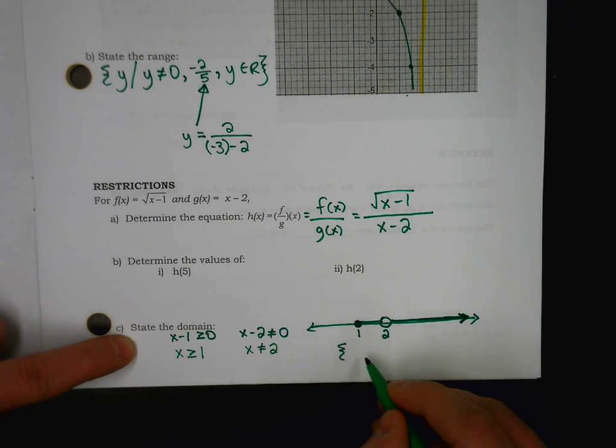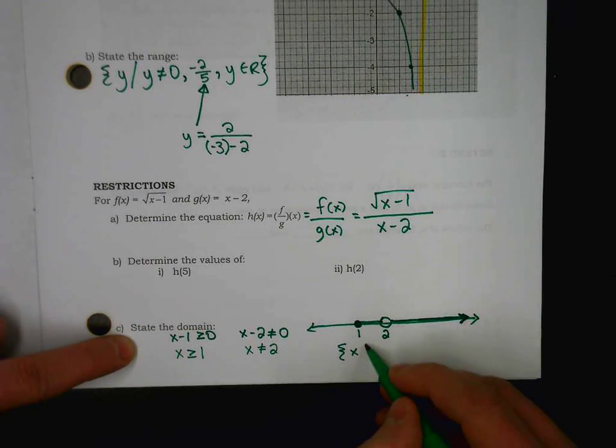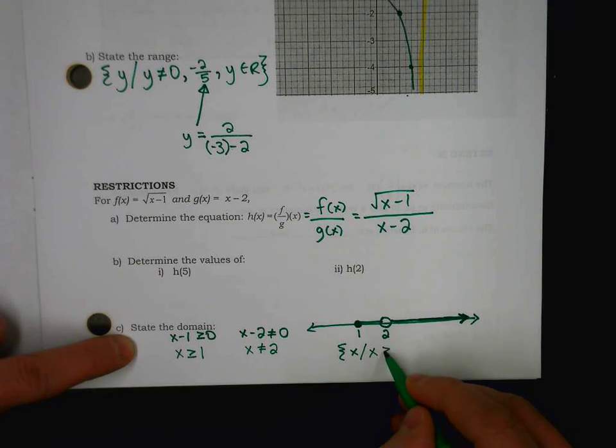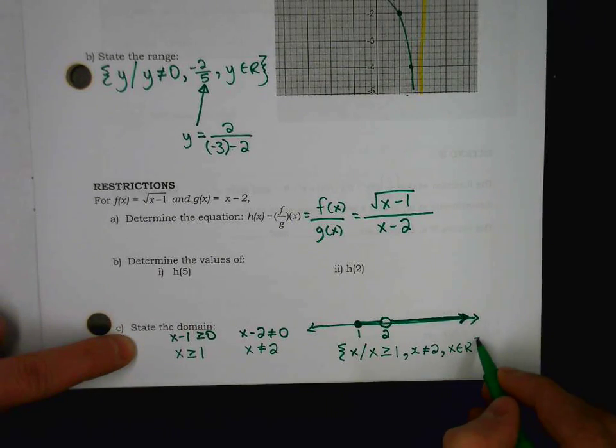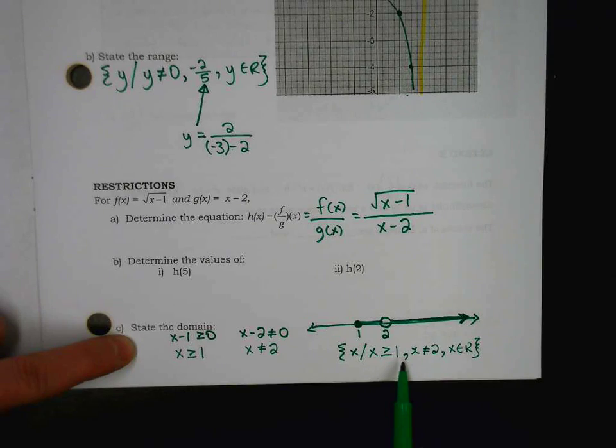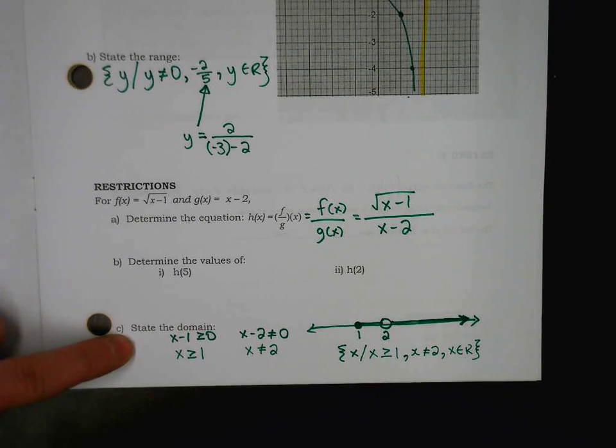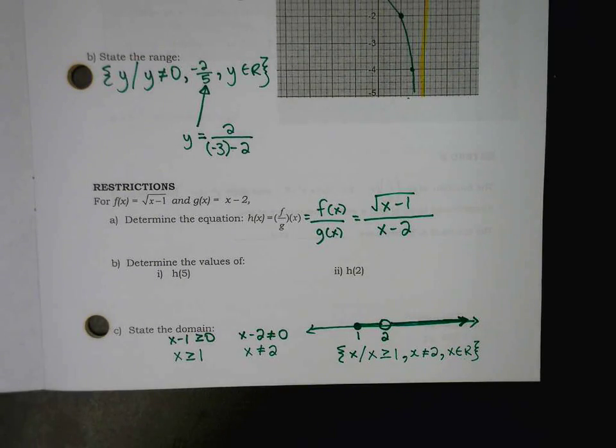In our notation for domain, we can say x is such that x has to be greater than or equal to 1, except it cannot be 2, but it can be everything else. And notice that I'm saying, separated by commas, the 3 different parts that contribute to our completed domain. In function operations, we are dealing with addition, subtraction, multiplication, and division through graphs and through equations of any functions so far.